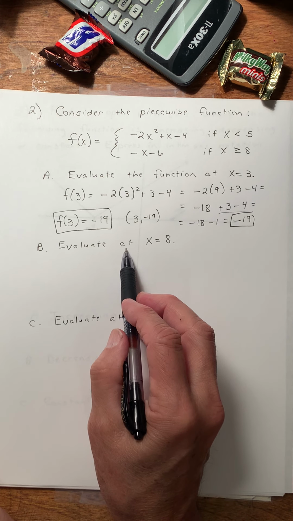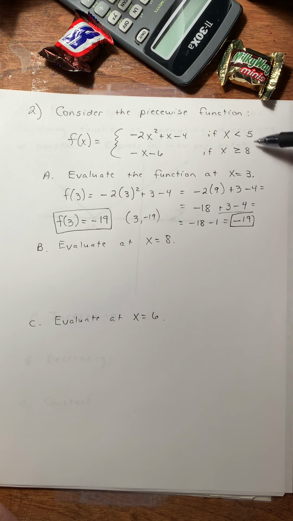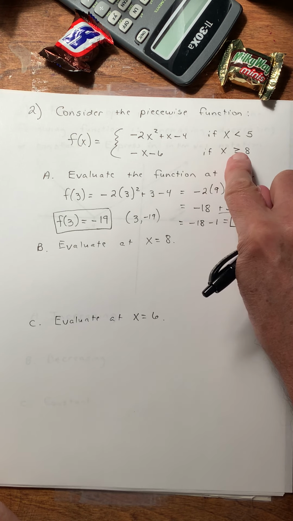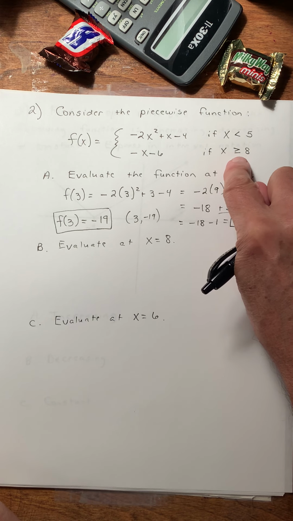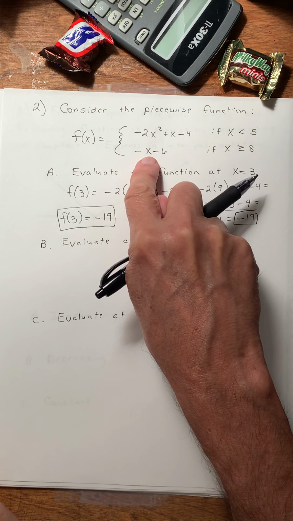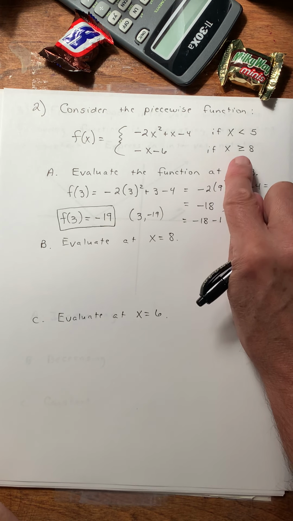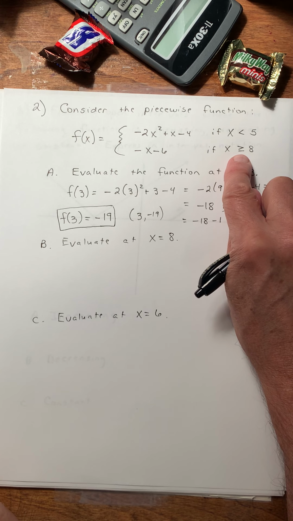All right, let's find this guy. Evaluate the function at x equals 8. So which of these two descriptions describe what I do with this particular value of x? There it is. If x is greater than or equal to 8, this is the expression that I use. And my x is, in fact, in this category, greater than or equal to 8.